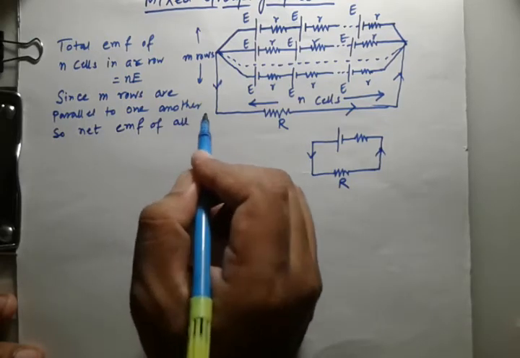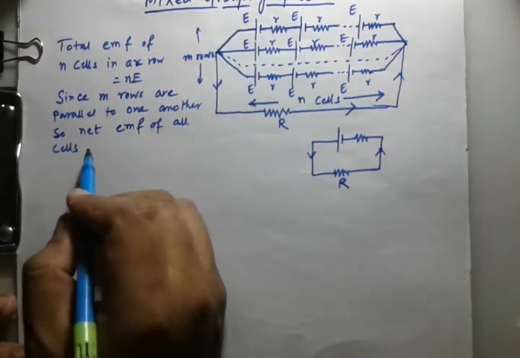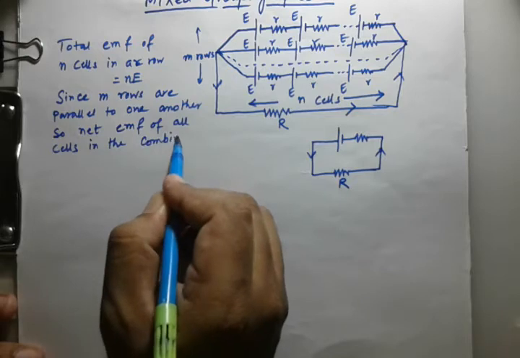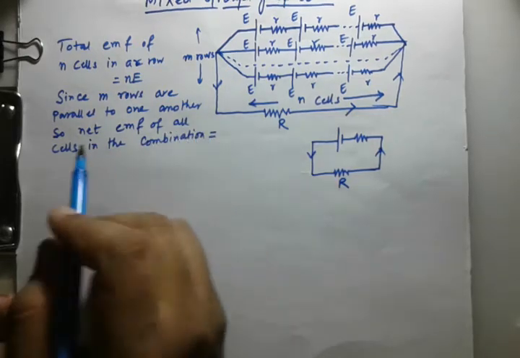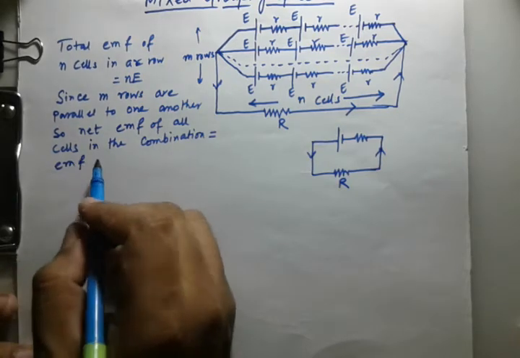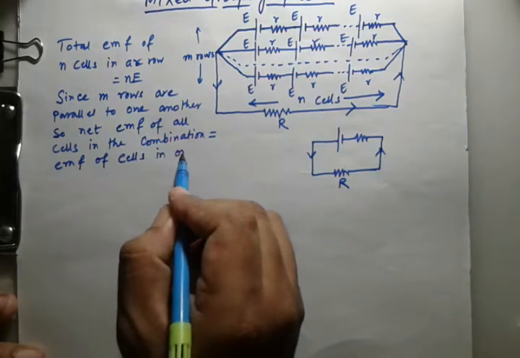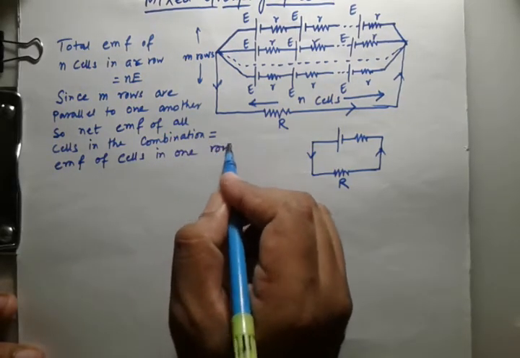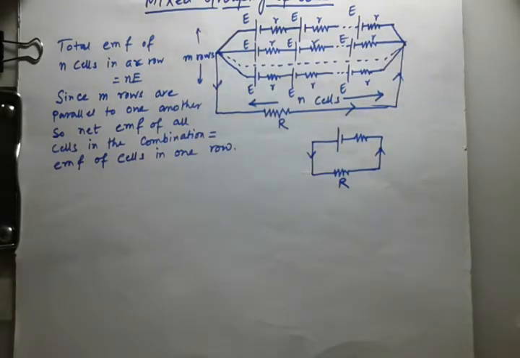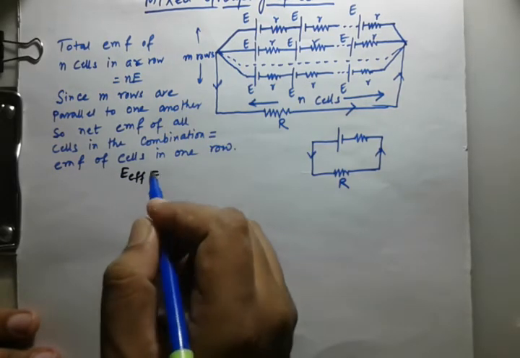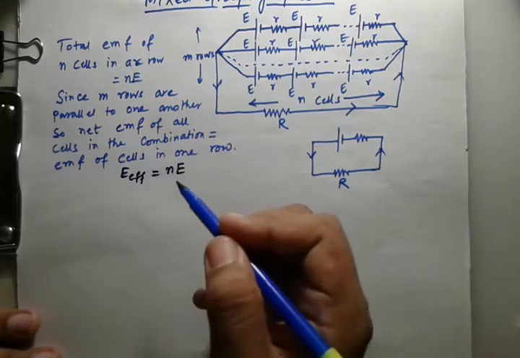Okay, so then what we can write? We can write that E effective is equal to nE.